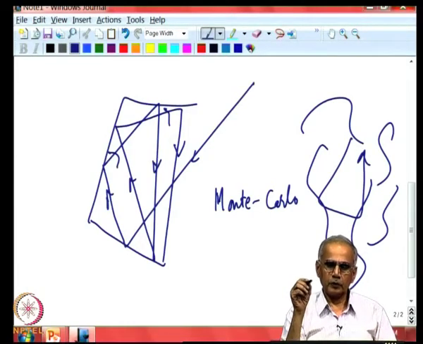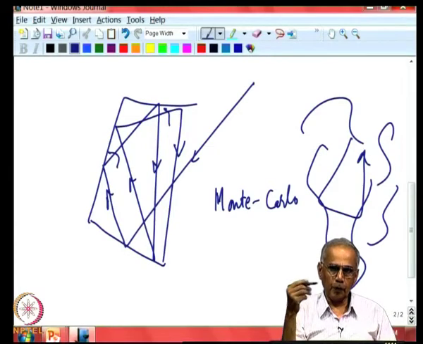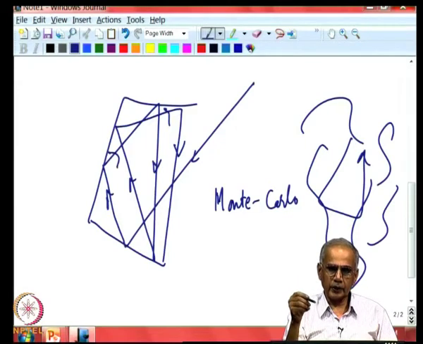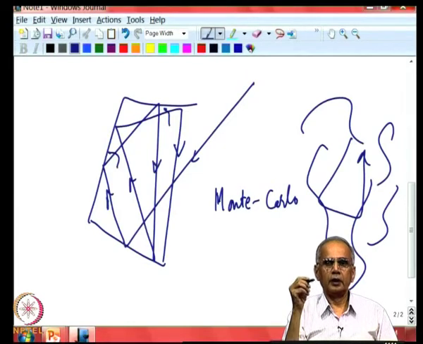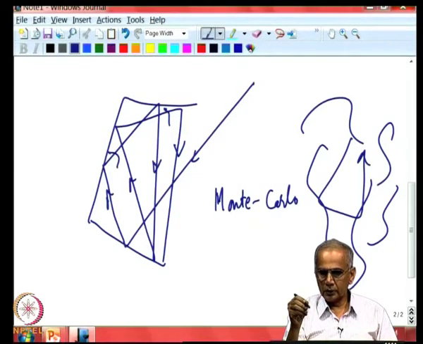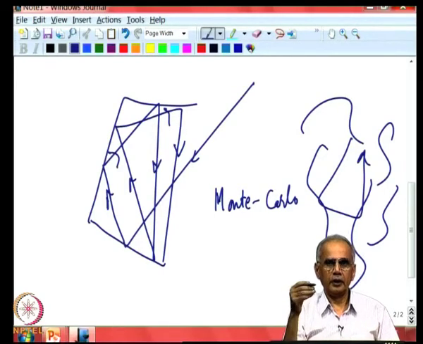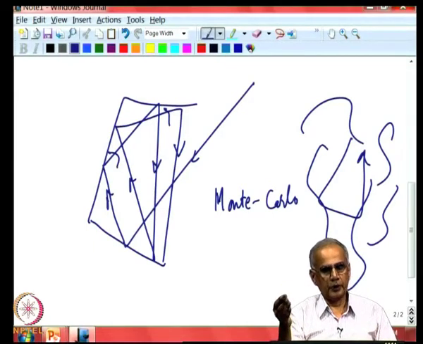So, this method is getting more and more popular, although it is computationally intensive, because it enables you to deal with very complex real world problems in which the reflection is not diffuse, the surface is not gray, and the geometry is very complicated.